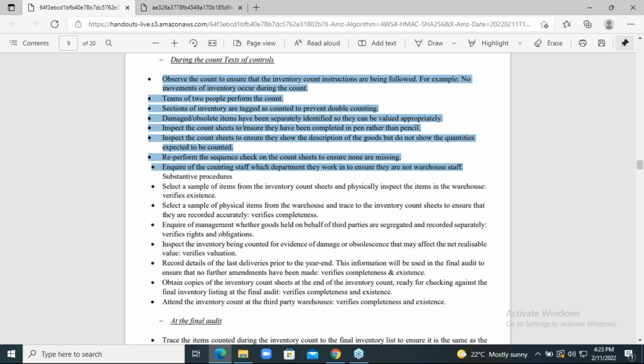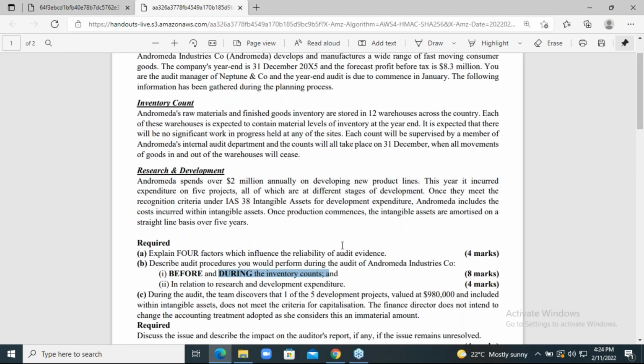Now, a student might think that if the data shows that each count is supervised by a member of internal audit department, that is a claim by the management that each count will be supervised by a member of Andromeda's internal audit department.